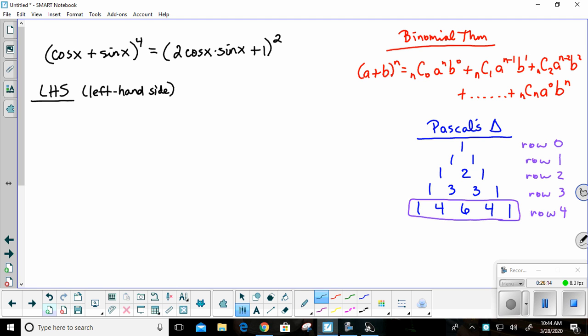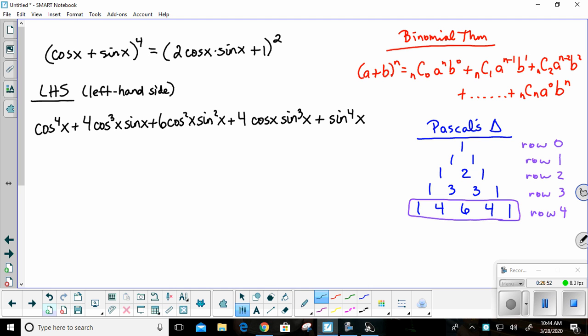So here's what I'm left with here on the left-hand side. I have cosine to the fourth x plus 4 cosine cubed x sine x plus 6 cosine squared x sine squared x plus 4 cosine x sine cubed x plus 1 sine to the fourth x.